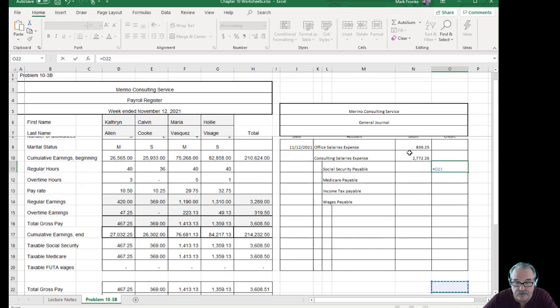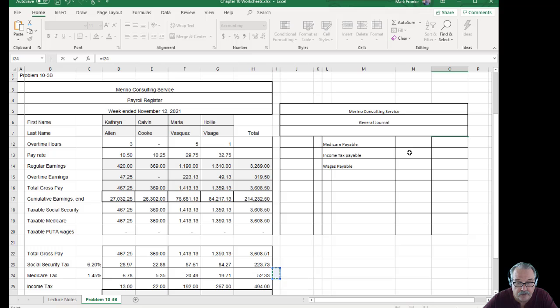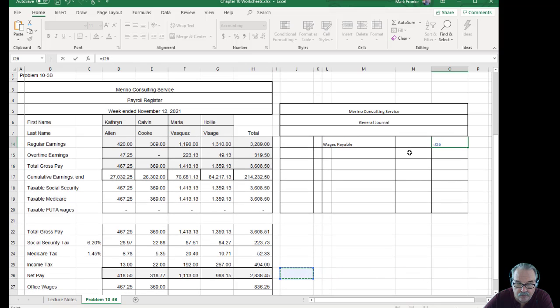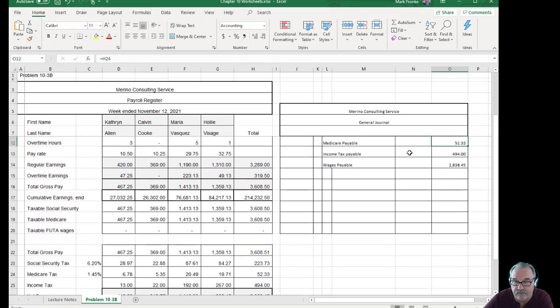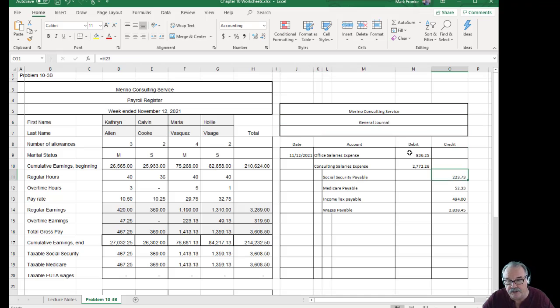Social Security was $223.73. Medicare was $52.33. Income tax was $494. And the net pay, which is wages payable, is $2838.45. So there's our journal entry, and we will describe it as to record payroll for the period or something like that.